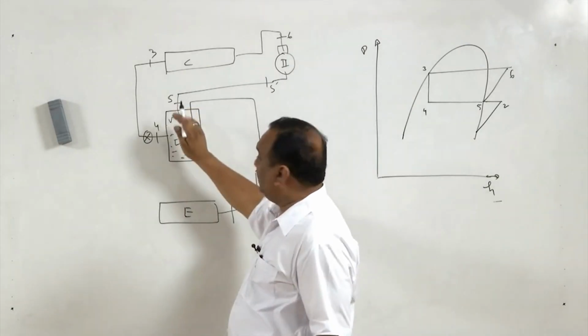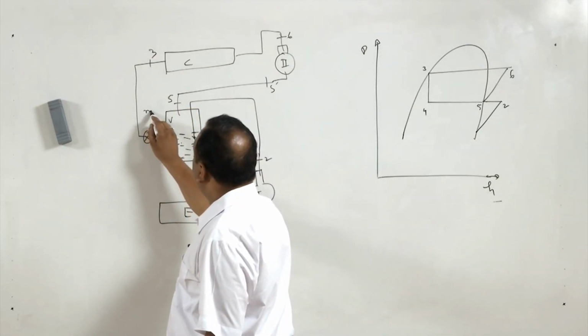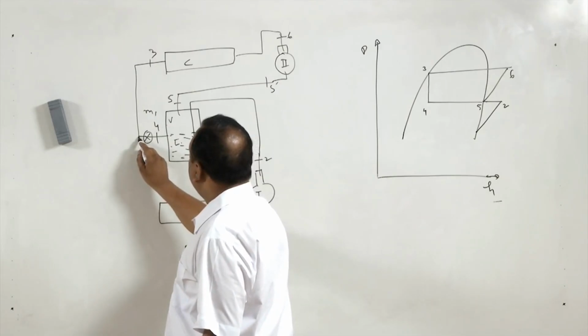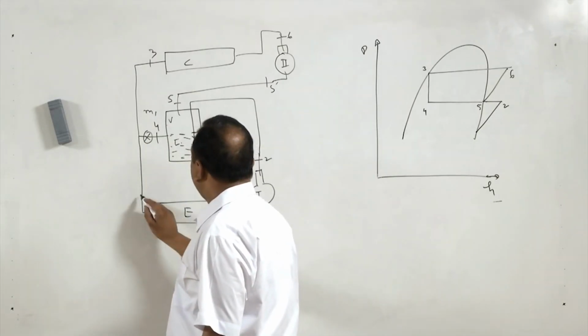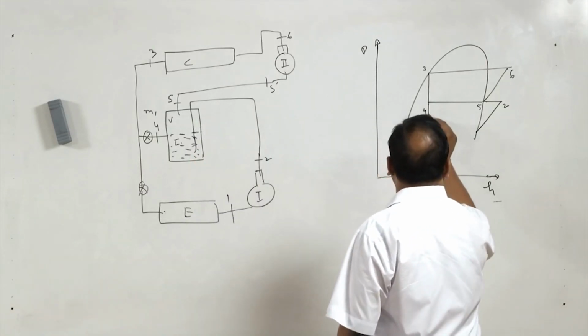Now in this arrangement, suppose M1 is taken here. So 1 minus M1 will go to the evaporator, and here also expansion will take place. So the remaining part will go to the evaporator.